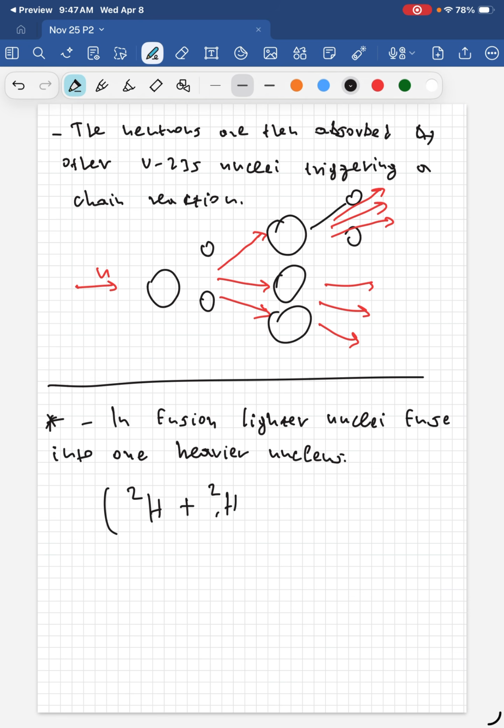For example, you have deuterium, which is a hydrogen nucleus that contains one more neutron. Maybe these two nuclei fuse into helium-4. You can see that 2 plus 2 becomes 4, and one proton plus one proton makes 2 protons. So we have to balance this equation.